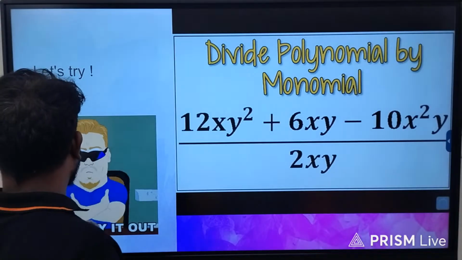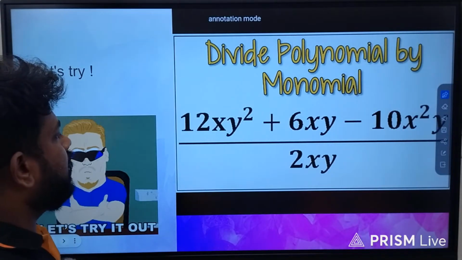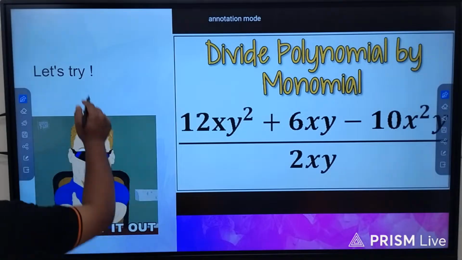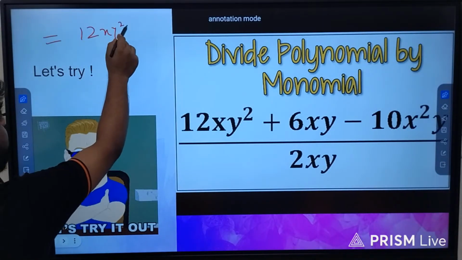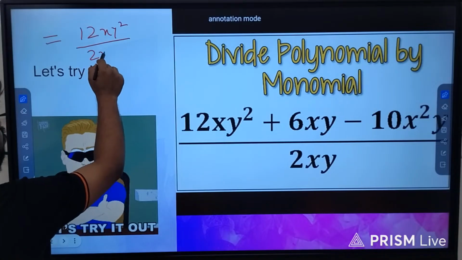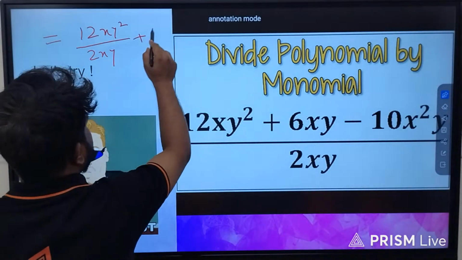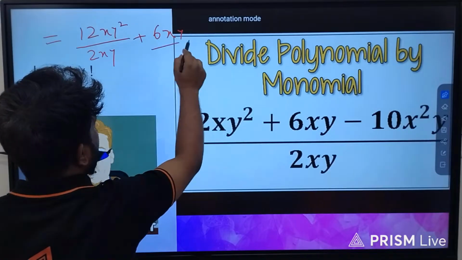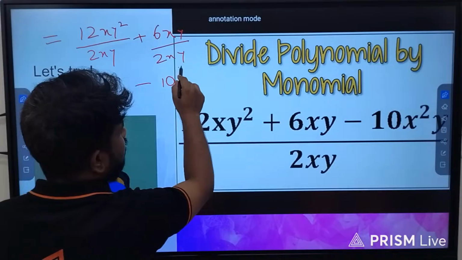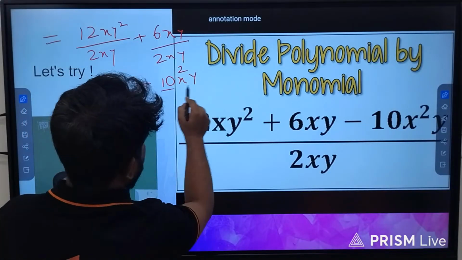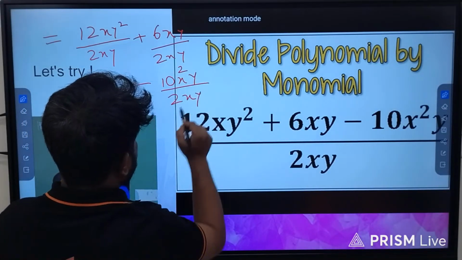They have given us an example of this. So let's do this. We have 12xy square by 2xy plus 6xy by 2xy, and again minus 10x square y by 2xy.